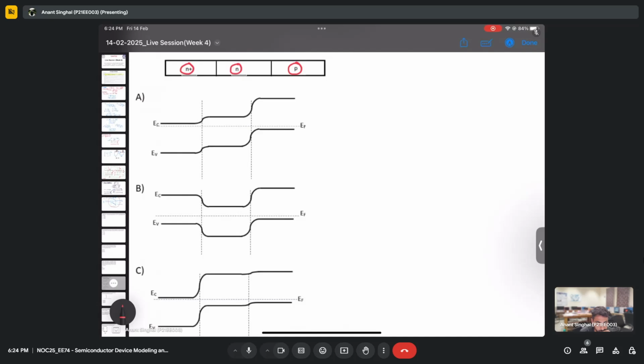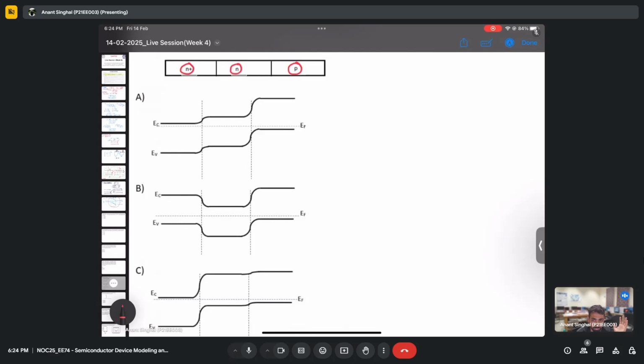First one. Okay, why? N plus has a larger concentration, so the Fermi level will be near the EC. Then N has a lesser concentration than N plus, so it is a little bit lower than that, and P has a lower concentration, so it's near EV. Exactly.